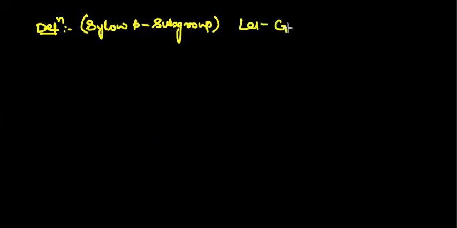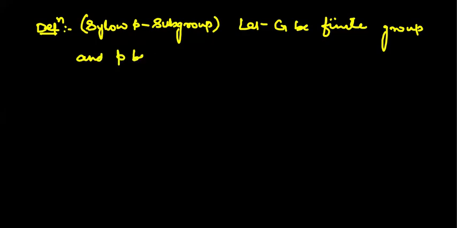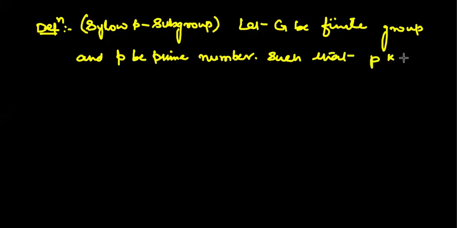Let G be a finite group and p be a prime number, so that p raised to power k divides the order of G, but p raised to power k plus 1 does not divide the order of G.